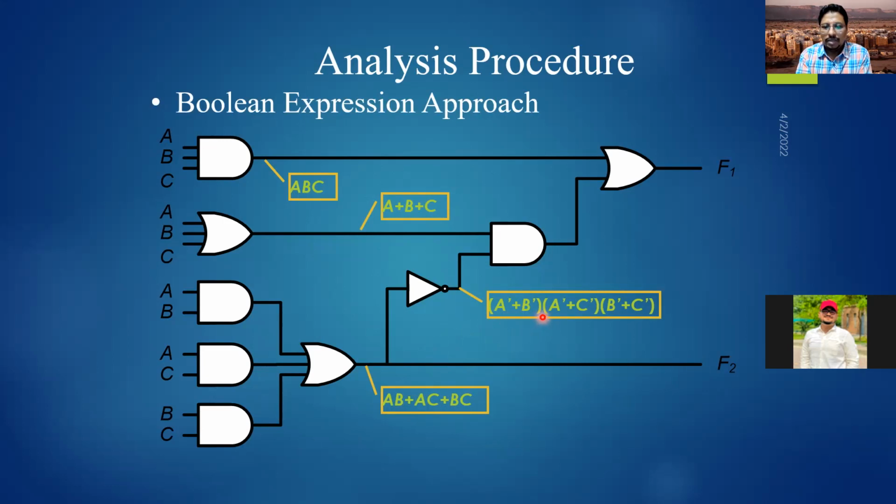Same thing here: this one, A and C, when I invert it, means I will give it a prime, then I will give it a positive. You got the point? This is what I have seen that people from the last quiz were making some mistakes with. They became confused or something like that. It's very simple.